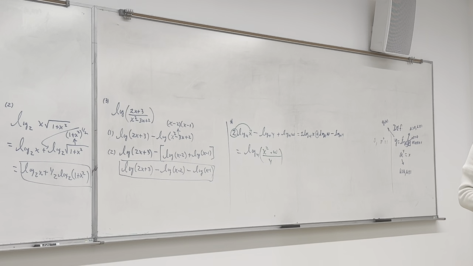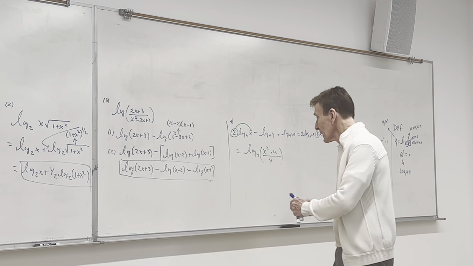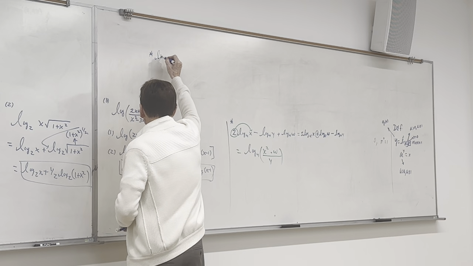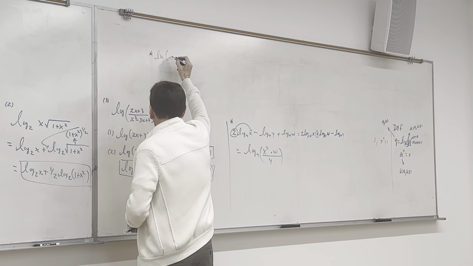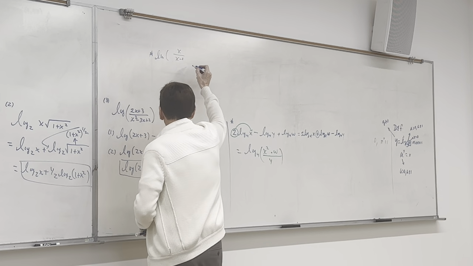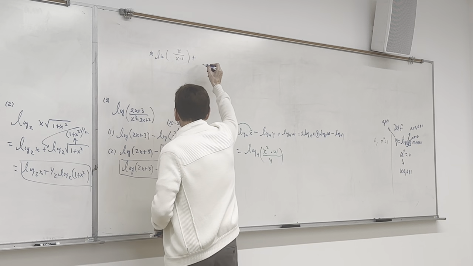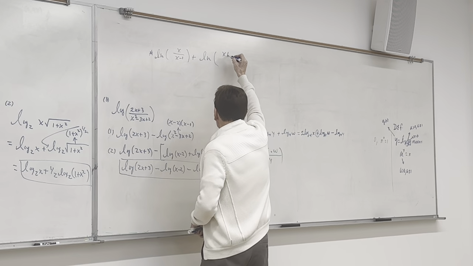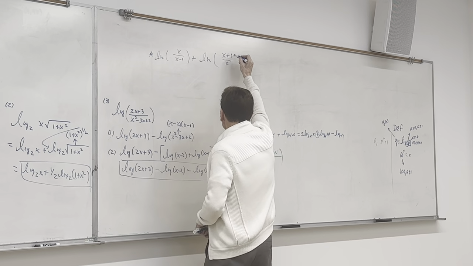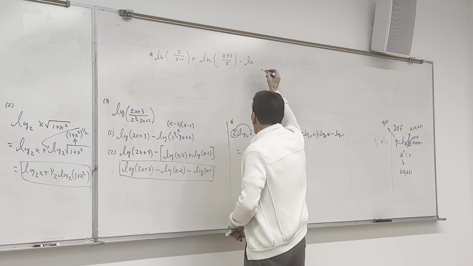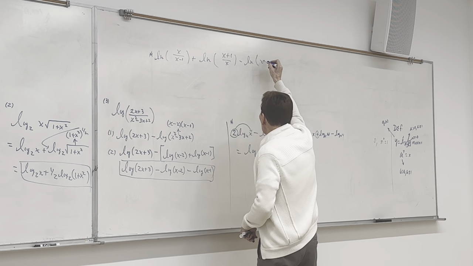My last one. Shane, read that one to me, and this is a knockout, I think. Okay, here we go. It is ln of ... minus ln of x squared minus one.